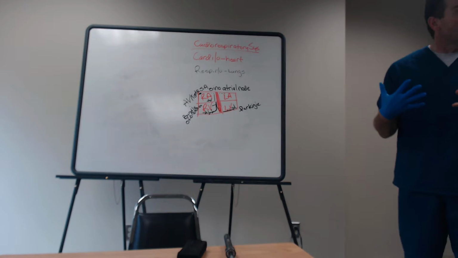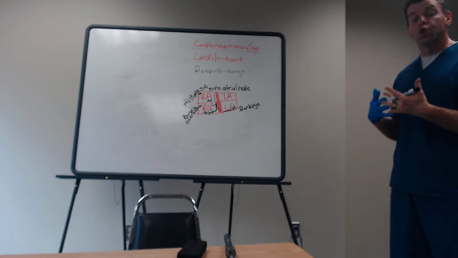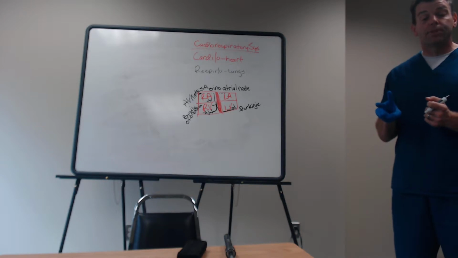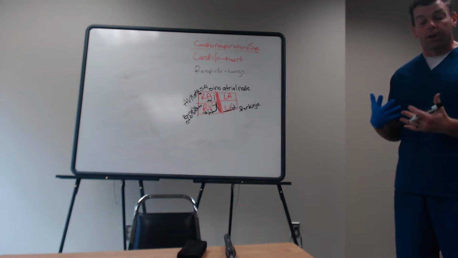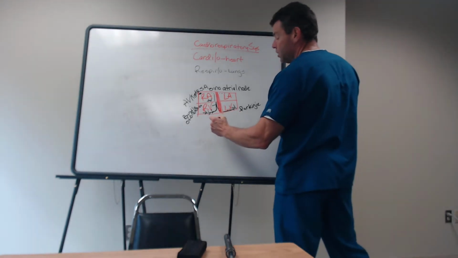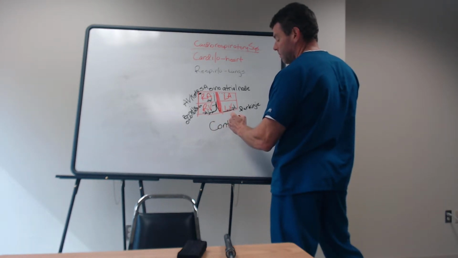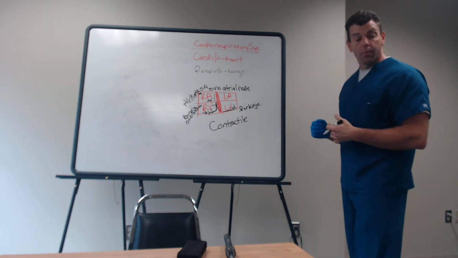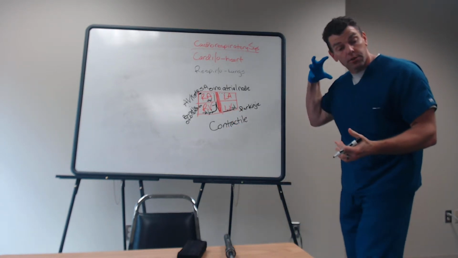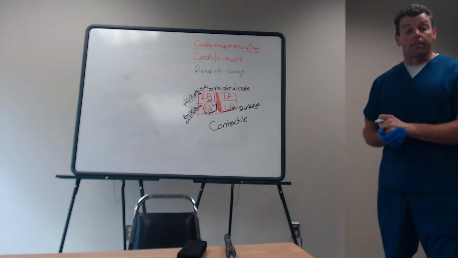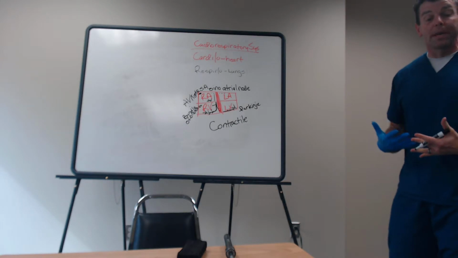Now, the way the heart is able to use this conduction system is because there are two main types of cells in the heart. There are the contractile cells, and just as the name would imply, contractile cells contract. They are the muscle behind the myocardium. Myocardium literally means heart muscle.